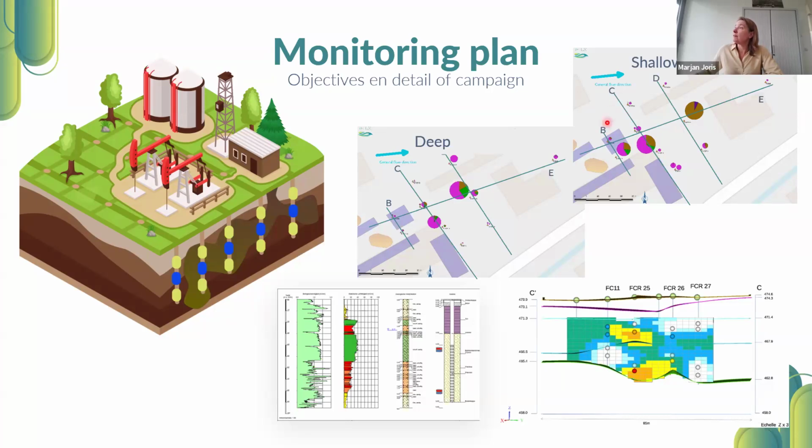The transects perpendicular to the flow direction give an idea about the distribution of the contamination at different distances from the source. So if you measure parallel to the flow direction, you can see how the contamination is evolving downstream in time, for example.